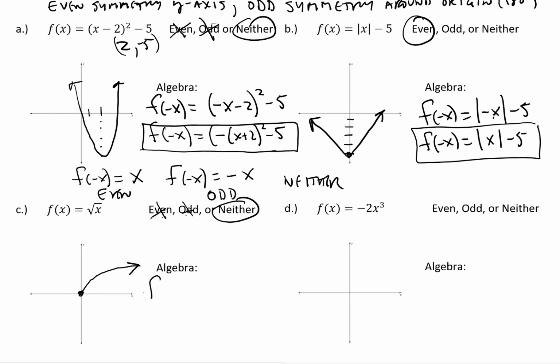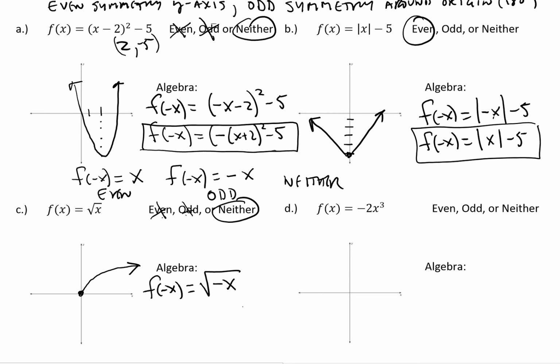When we look at the algebra, f of -x equals the square root of -x. Now this will only happen when x is greater than or equal to 0. Or excuse me, I lied.